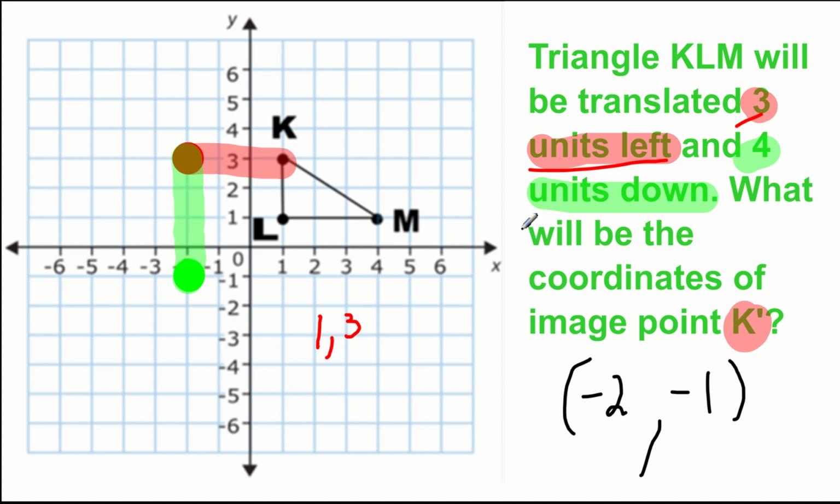Left is the X value, and it means we subtract. So 1 minus 3 gives me -2. My Y value was positive, so we subtract 4. 3 minus 4 gives us -1. Most of what you see probably will have a graph or picture to it, but not necessarily all of it.